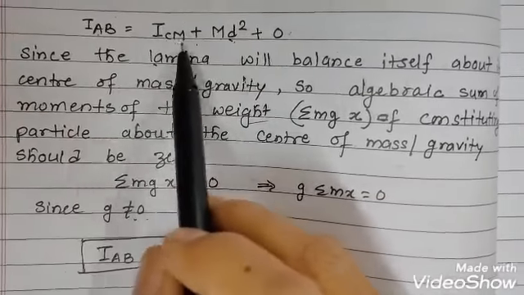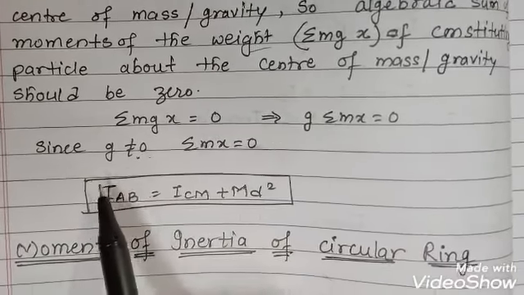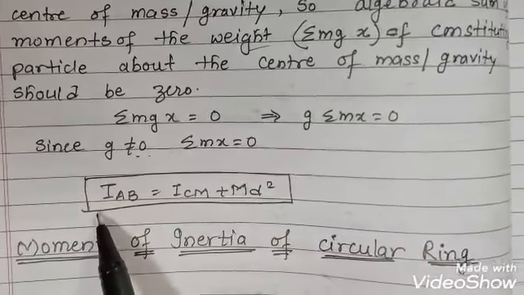So IAB is equal to ICM plus MD square, and this is the statement of the theorem of parallel axis which we have proven here.